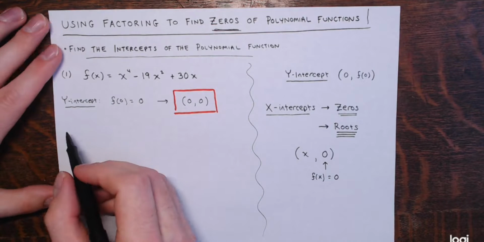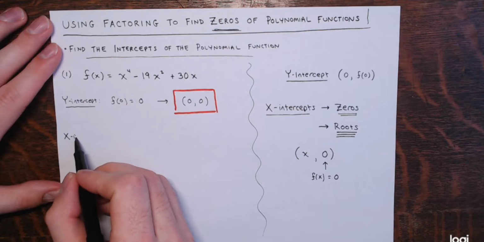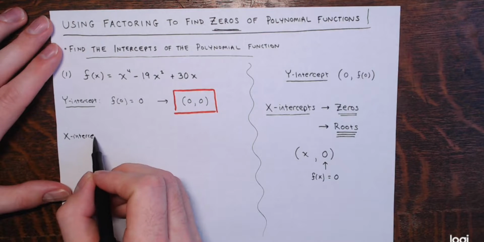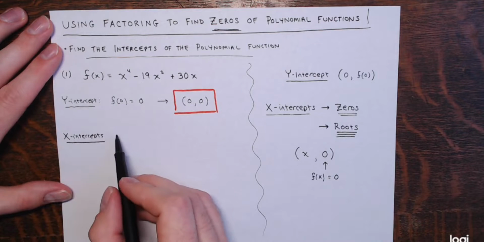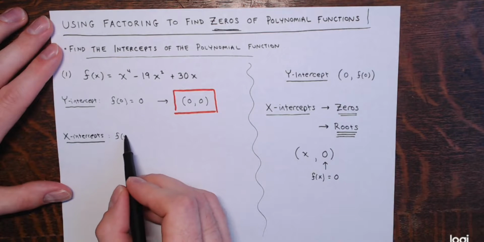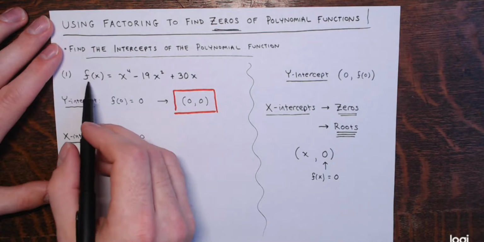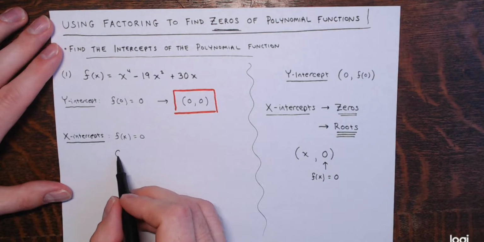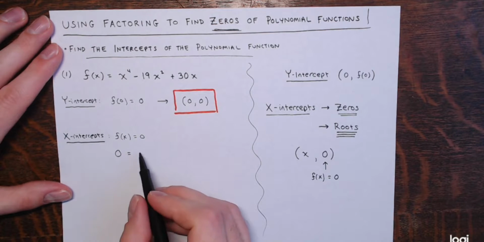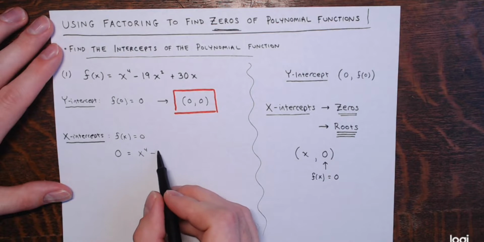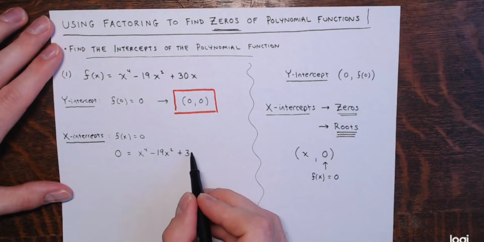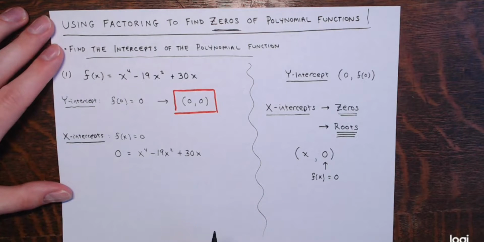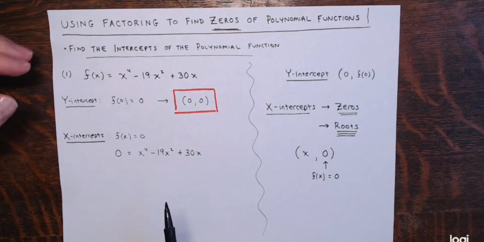Alright, so now for the x-intercepts. I'm going to replace f of x with 0, replace the output with 0. We have 0 equals x to the fourth minus 19x squared plus 30x. And we're going to solve this by factoring.